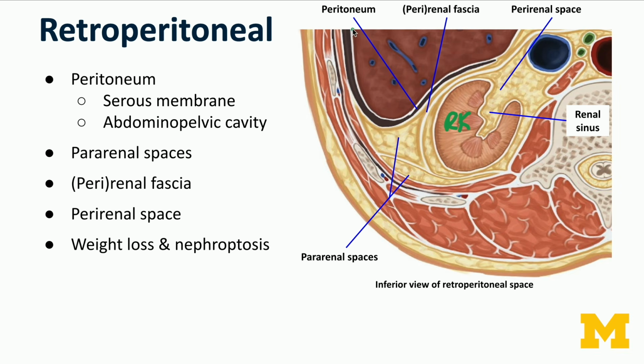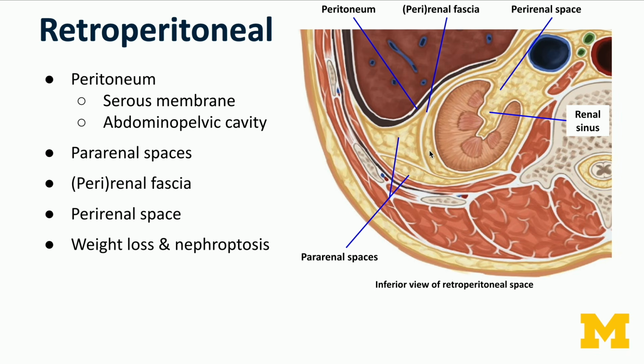So for instance, in this illustration, there would be a visceral peritoneum adhered to this liver, and then a parietal peritoneum on the body wall here, and there would be a peritoneal cavity between these two that I can shade in green here. Anything behind this parietal peritoneum we refer to as the retroperitoneum. That retroperitoneum can be divided into a number of spaces.